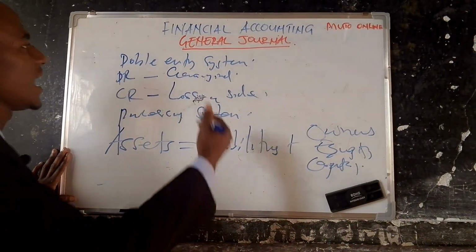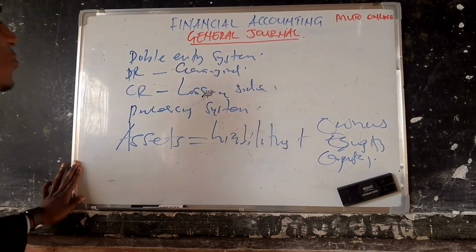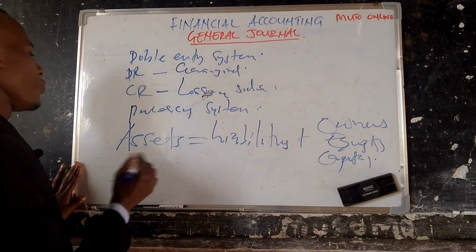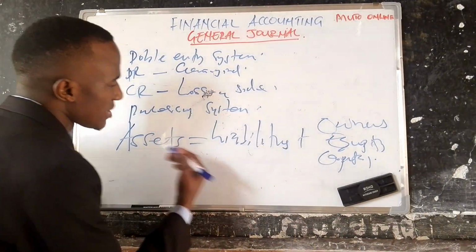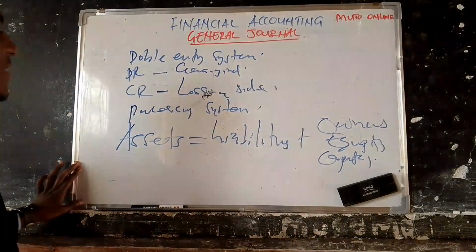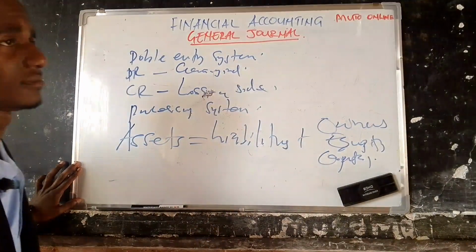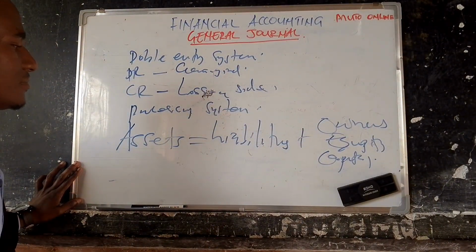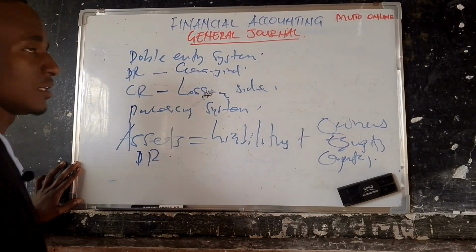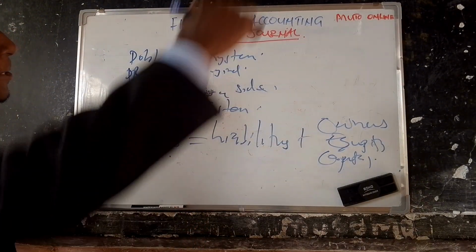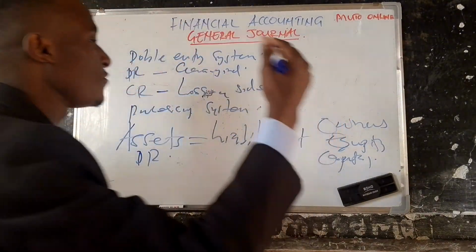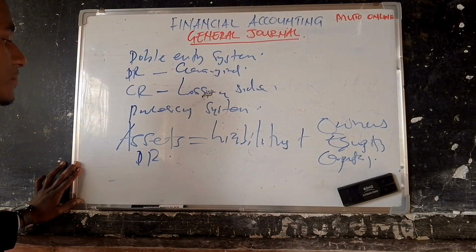So here, under the double entry system, you just know that all assets that are gaining are going to be debited on the side of our journal, or let it be a cash book.